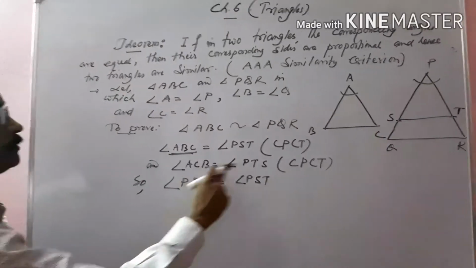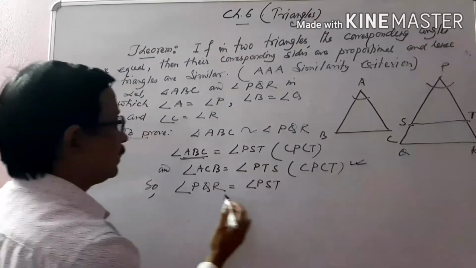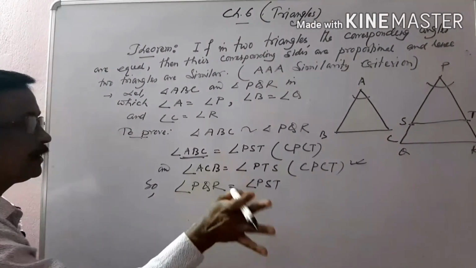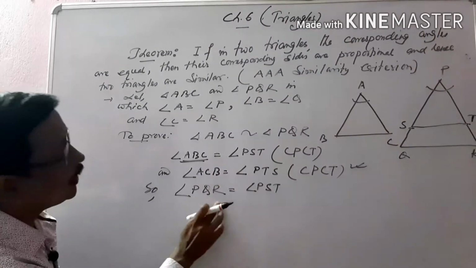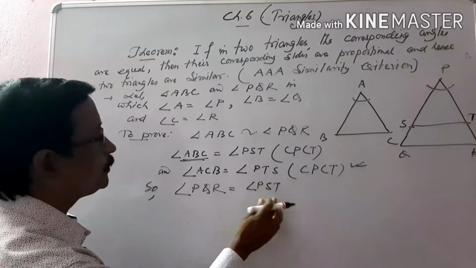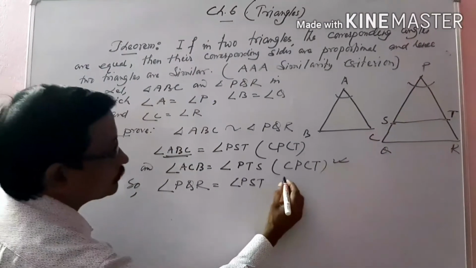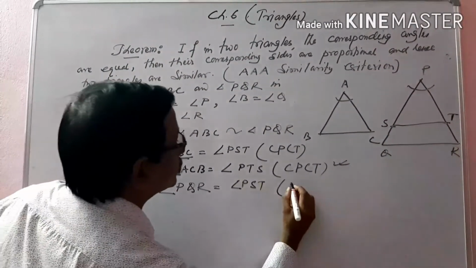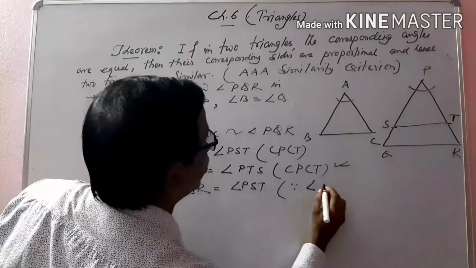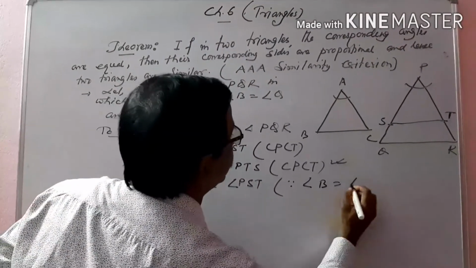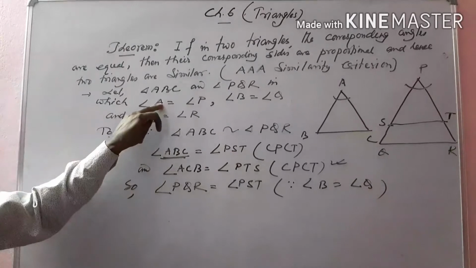So this one also can write, but as it is already one part written, enough. Okay. PQR equal to PST can write. Once PQR equal to PST, since angle B equal to angle Q, it is given. Okay.